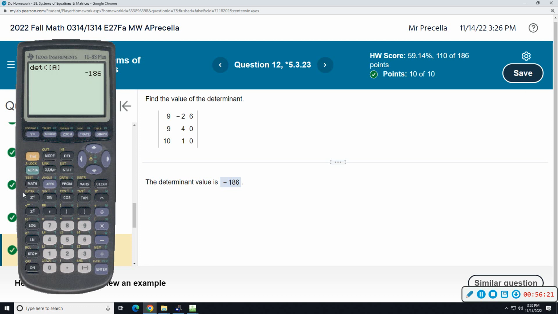So again, it uses that key matrix here, which on this calculator is in yellow, so I have to go second matrix to get to it. So for the 3x3, I suggest, especially for tests, try to do it other than by hand. But if you want to do it by hand, that's okay. That's why I showed y'all the crisscross method there.